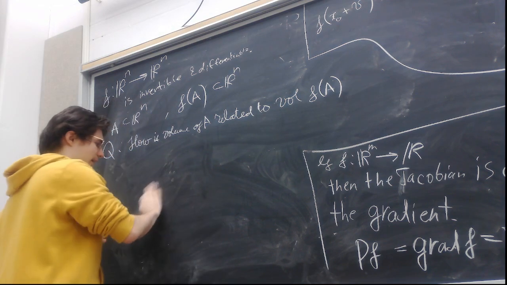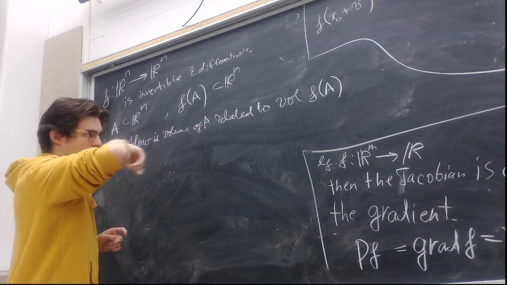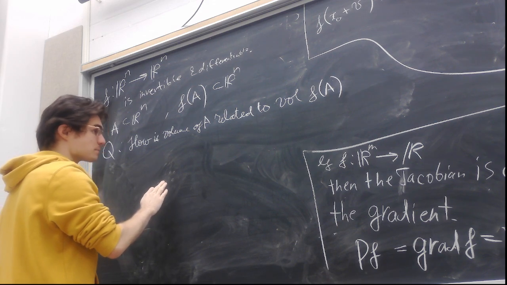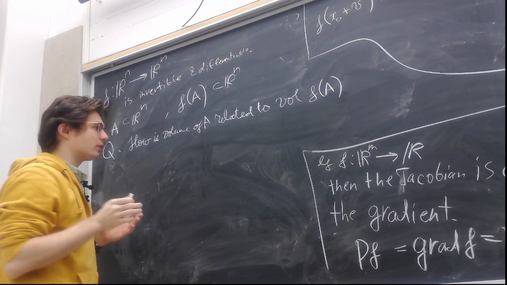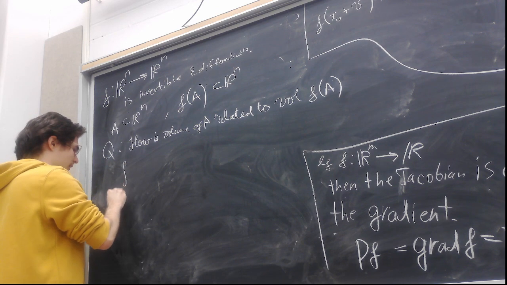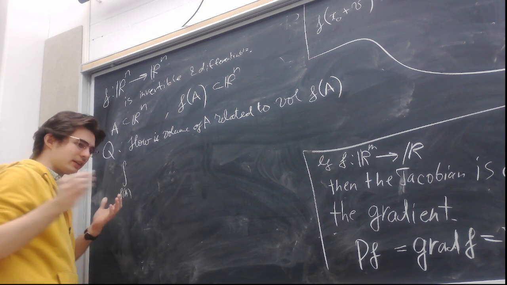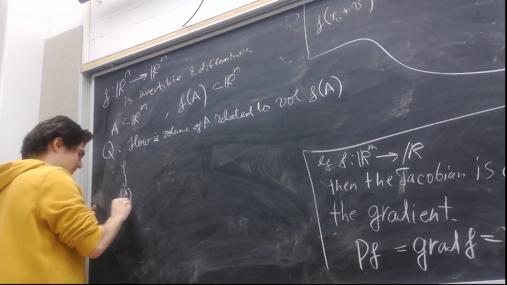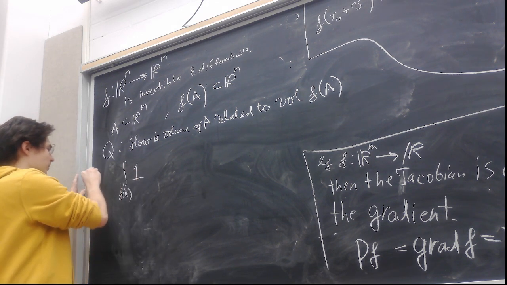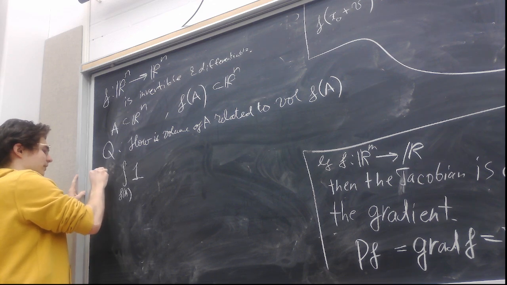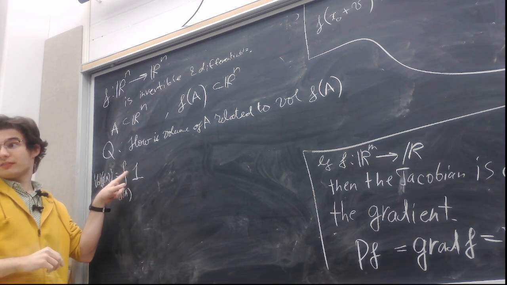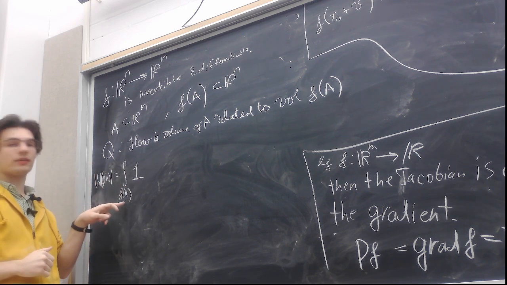Okay, let's look at the volume of f of A. It's related to determinants, and that's the point we're about to get to. The volume of f of A can be defined as the integral of just the number one over this set.